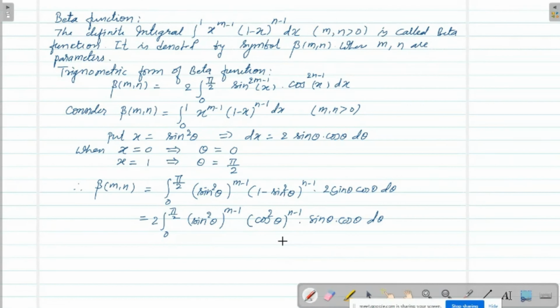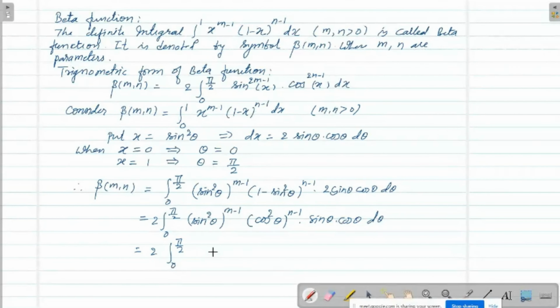Now what happened? See here. This is sine square theta and cos square theta, but one sine is here, one cos is here. So we will get 2 integration of limit 0 to pi by 2.